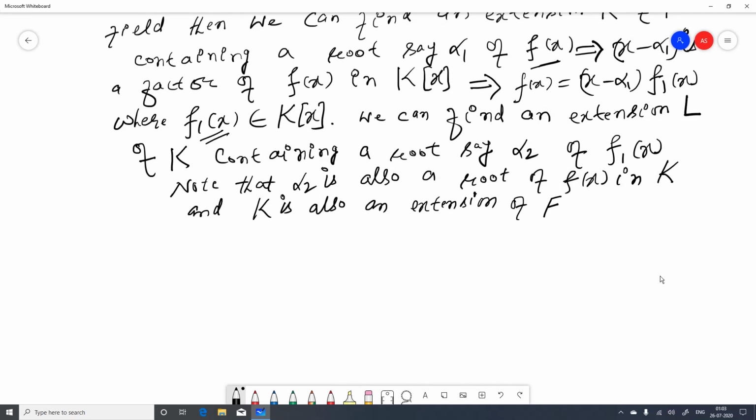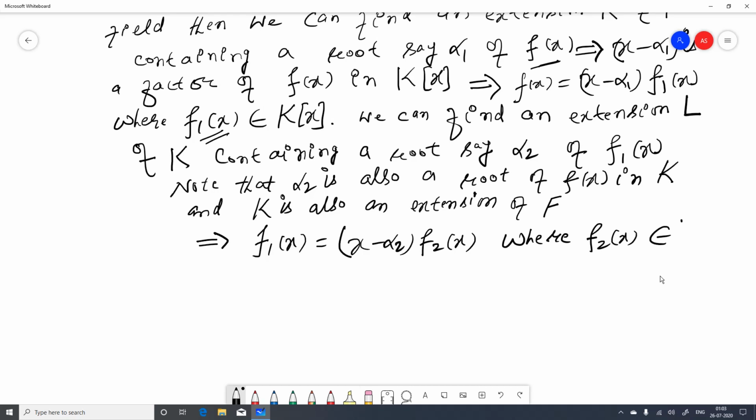So this means the polynomial f1(x) is (x minus alpha 2) f2(x), where f2(x) is in L[x].